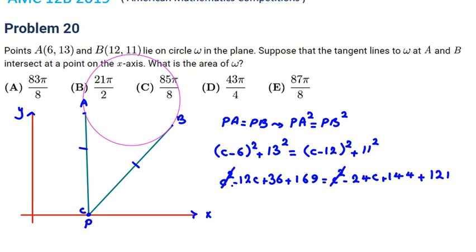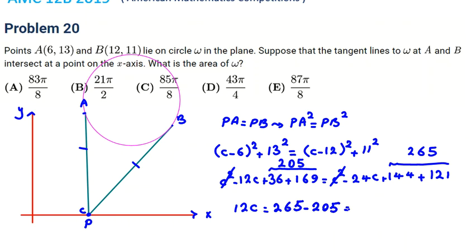C squared cancels. Taking negative 24C to the left side, 24C minus 12C is 12C, equal to 265 minus 205, which is 60. So C will be 5.